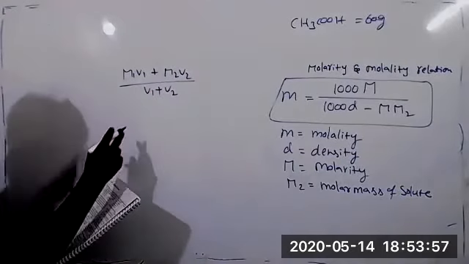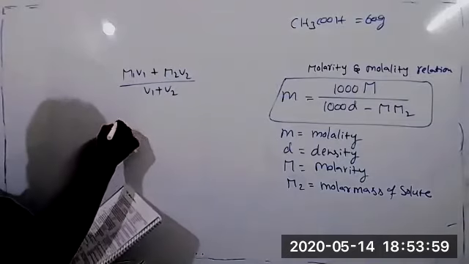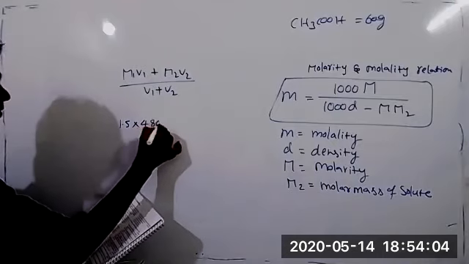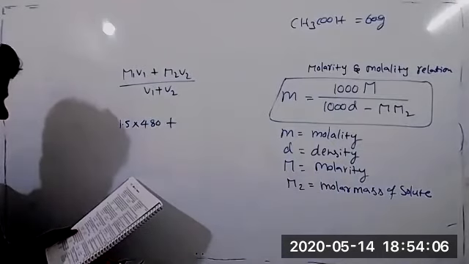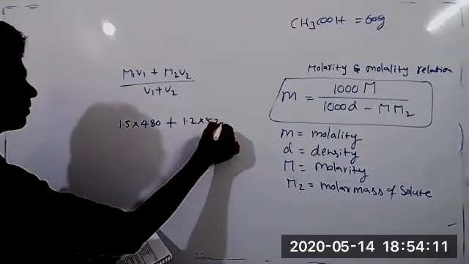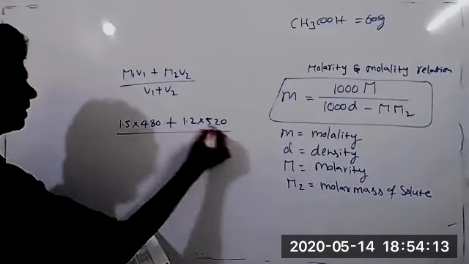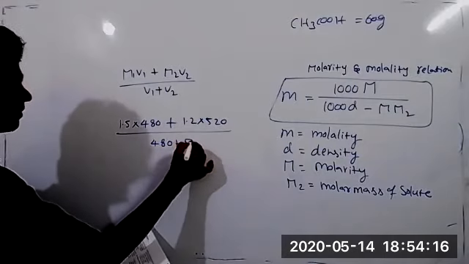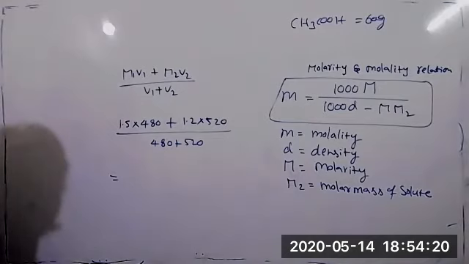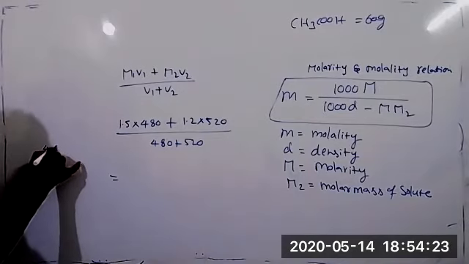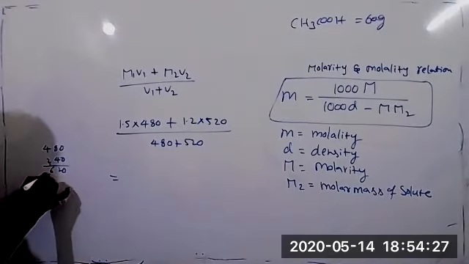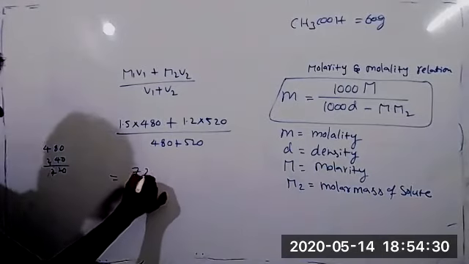So the first solution molarity is 1.5 into its volume 480, plus the second, M2 1.2 into its volume 520, divided by 480 plus 520. 1.5 into 480 is 720.